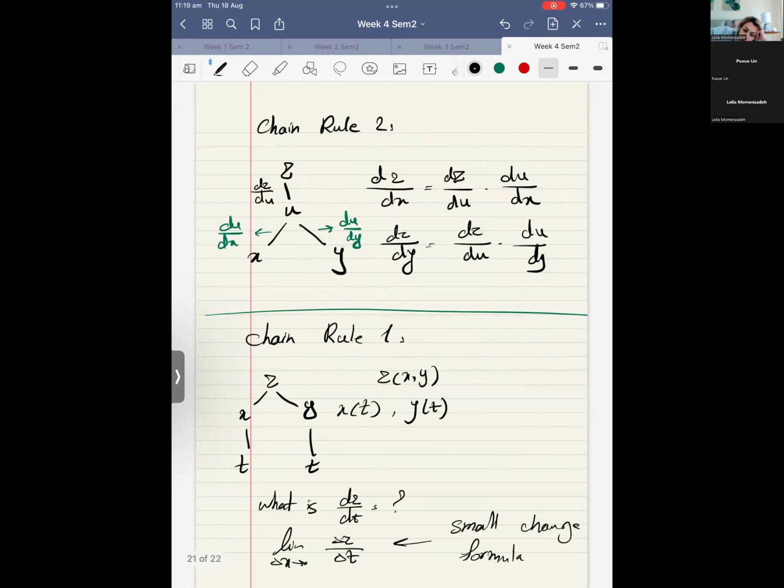It means that here you have ∂z/∂x, ∂z/∂y, dx/dt, dy/dt.